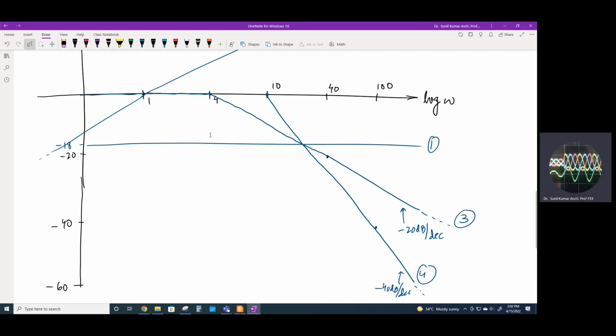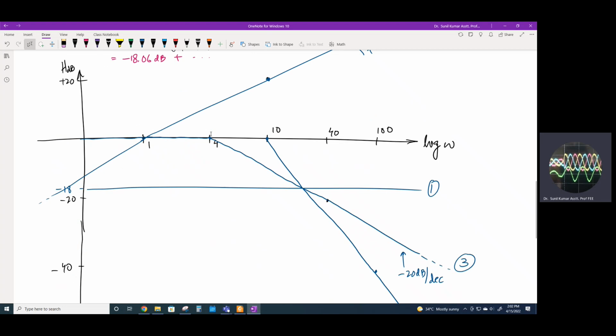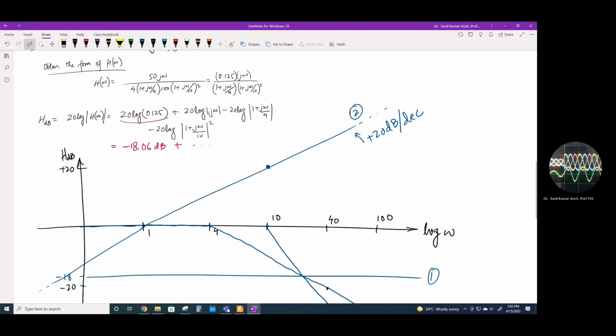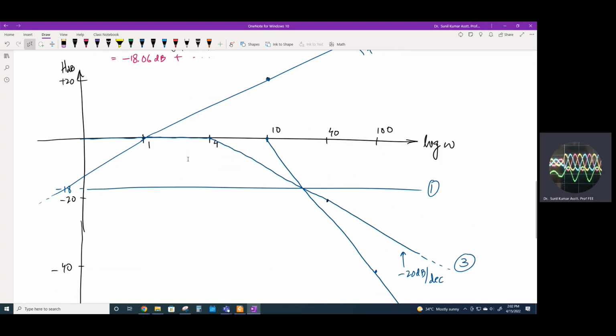Now we have drawn all the individual lines. We need to connect them graphically. So let's analyze for omega less than 4, in which line number 1 and 2 have some values.